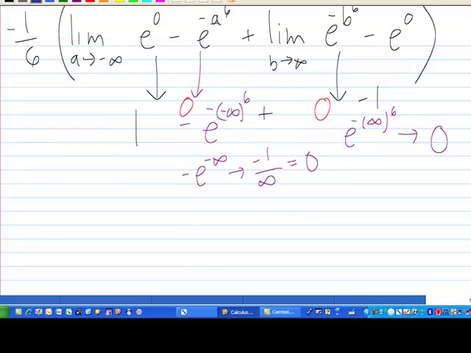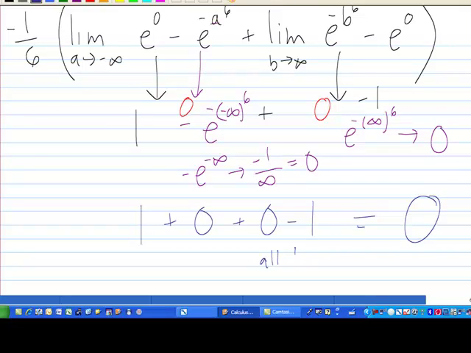And we get the following: 1 plus 0 plus 0 minus 1, which is really equal to 0. All that work for nothing. 0 would be the answer to this limit.